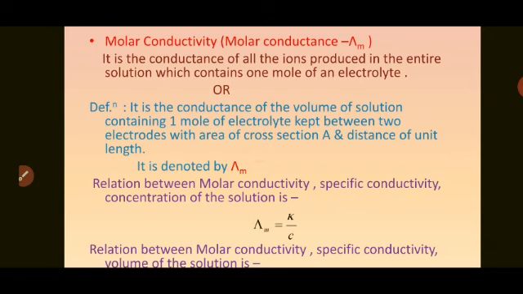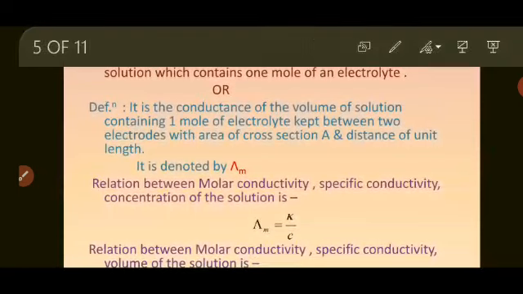Now, the relation between molar conductivity, specific conductivity and concentration of the solution can be given as lambda m is equal to K upon C. Here K is kappa, that is conductivity or specific conductivity, and C is concentration.